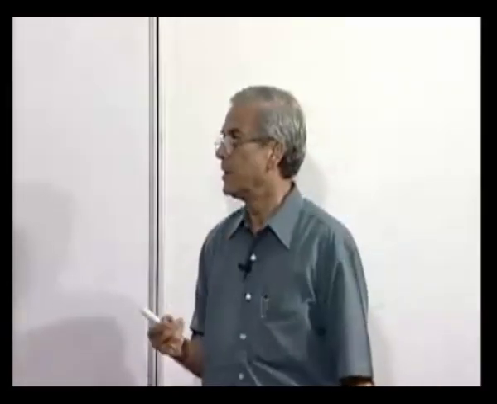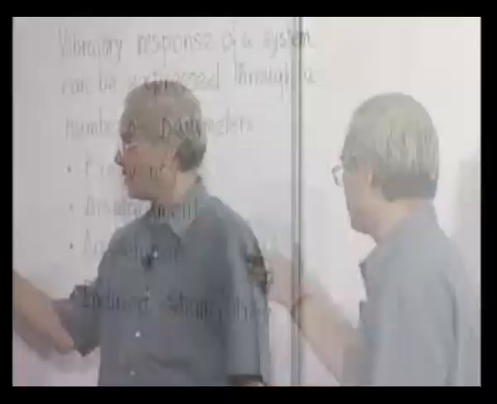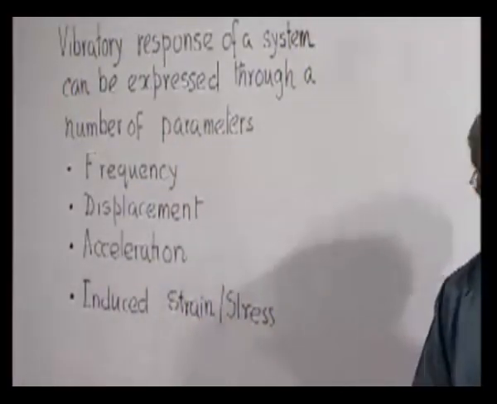Sometimes, for example, we are interested in analyzing or studying the comfort of drive or comfort of ride in case of a vehicle mechanics problem. So there we have to find out the acceleration to which the passenger or the driver is subjected. So therefore, we will measure the acceleration in such cases, or that will be the predominant parameter.